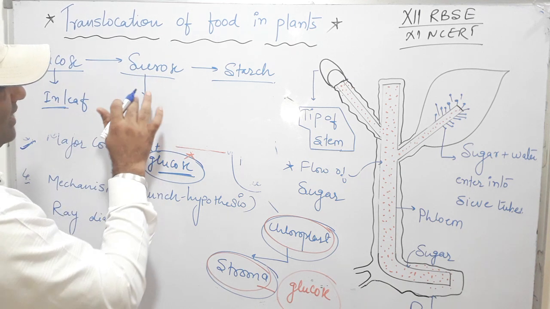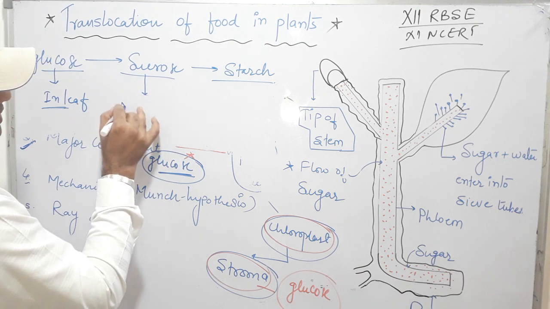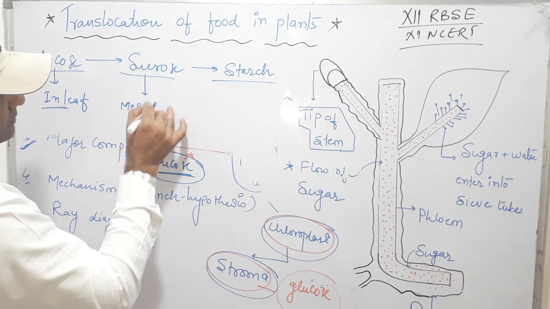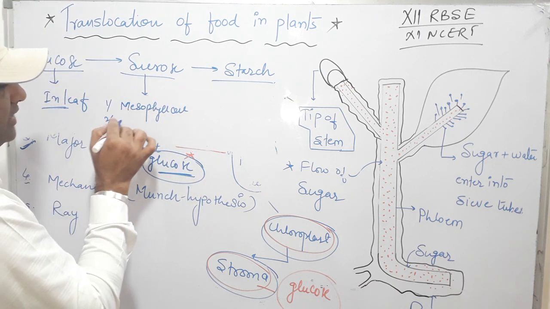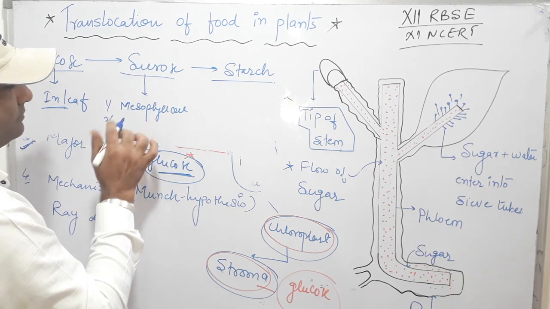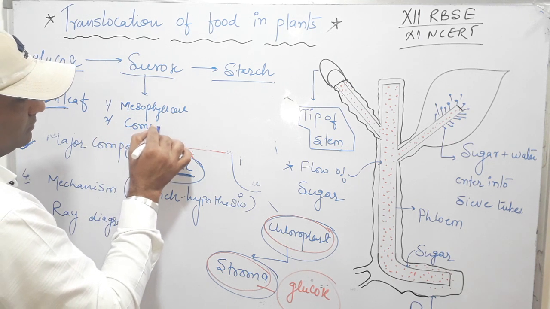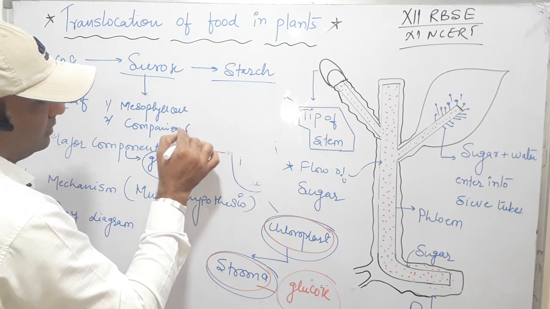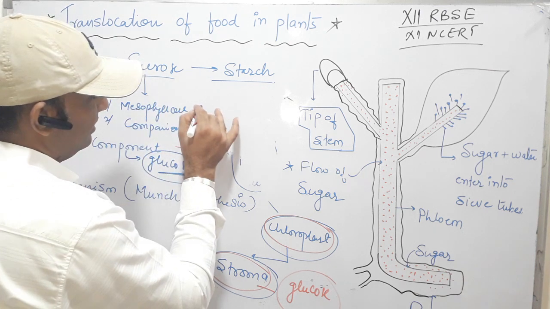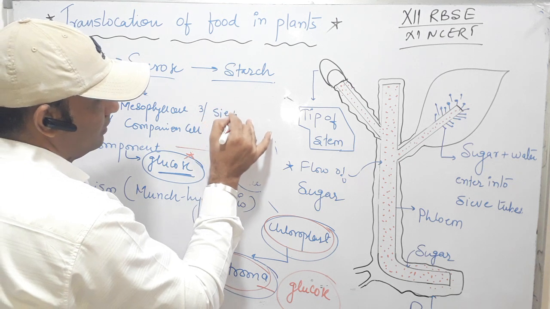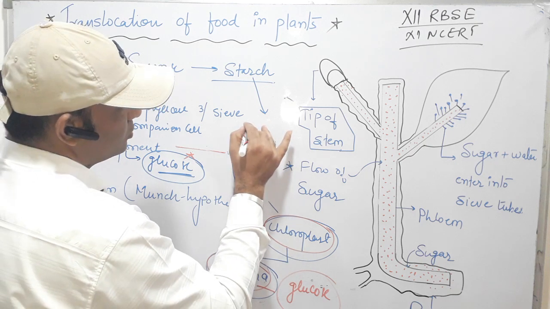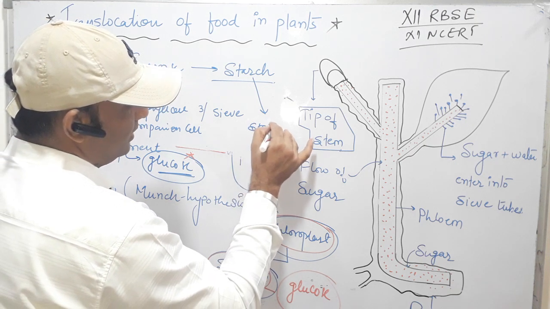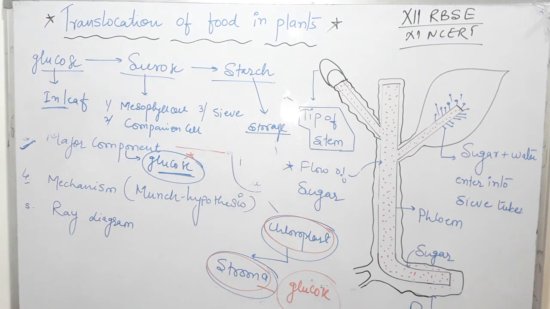The sucrose is present first in the leaf mesophyll cell, second in the companion cell, which is a part of the phloem, and third in the sieve tubes. Starch is present especially in the sink or storage site. So the three components are glucose, sucrose, and starch.